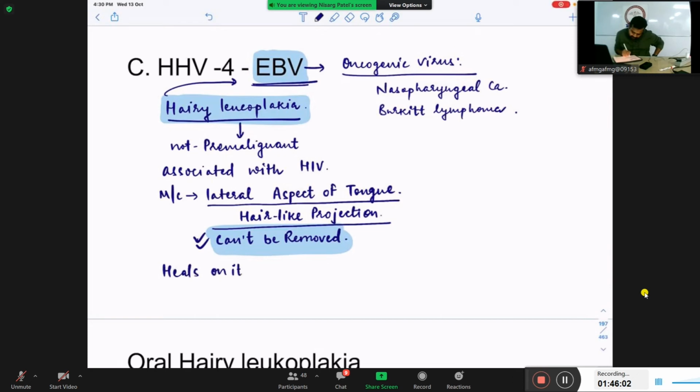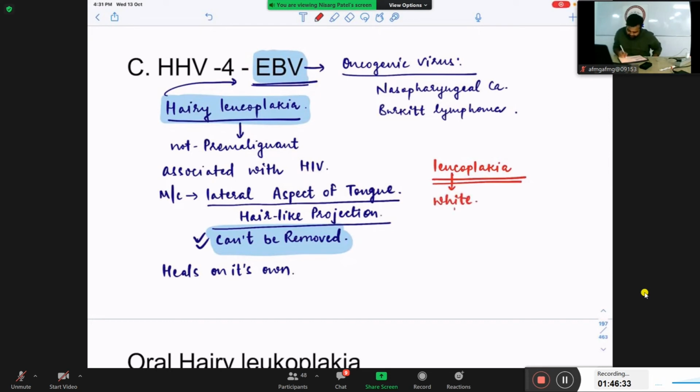It heals on its own. Okay, but here remember, if I ask you what is leukoplakia, what is the meaning of leuko? Leuko means white, right?